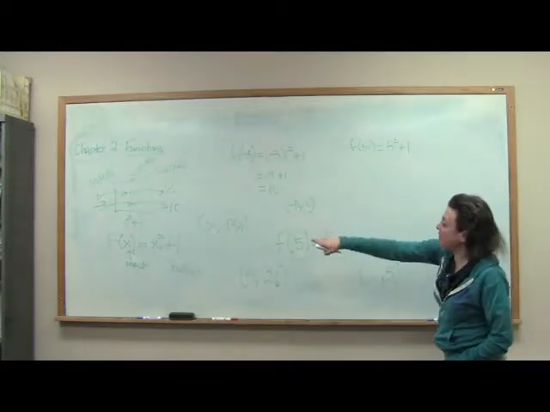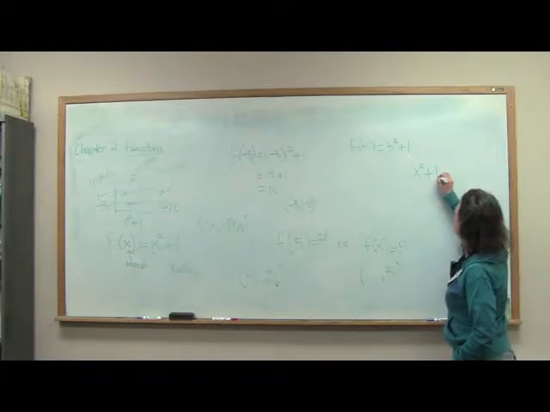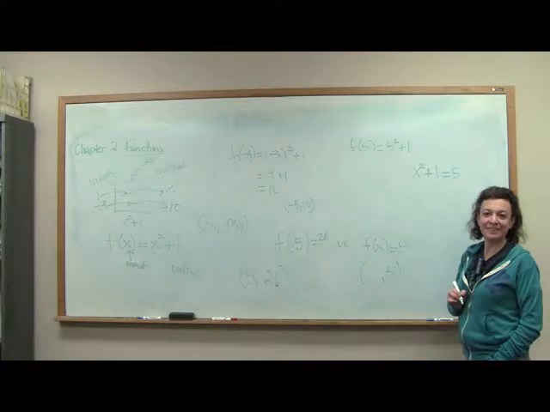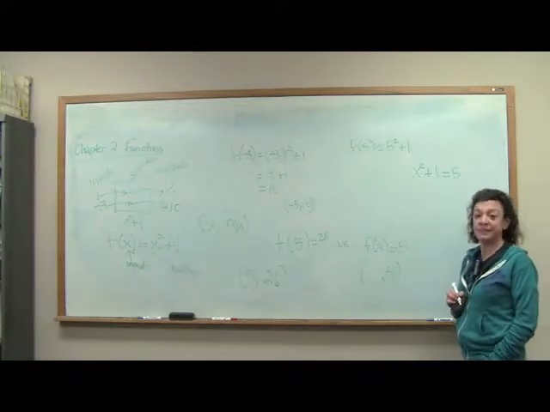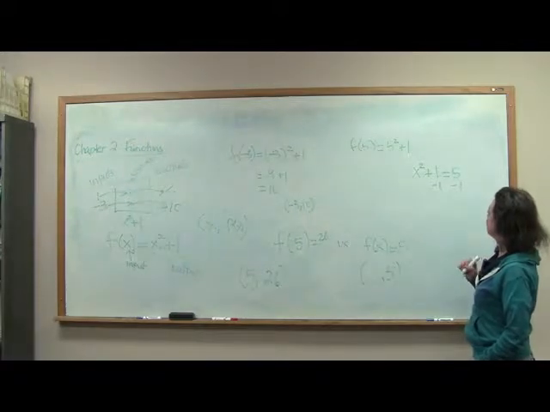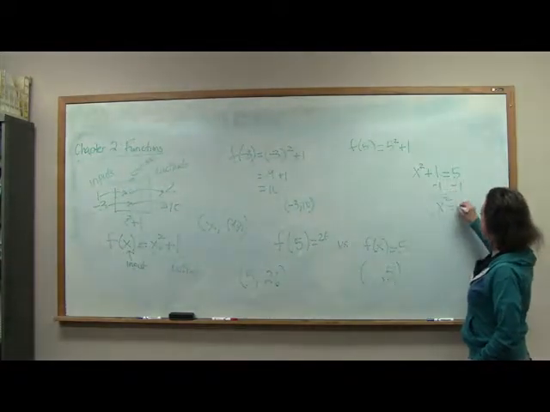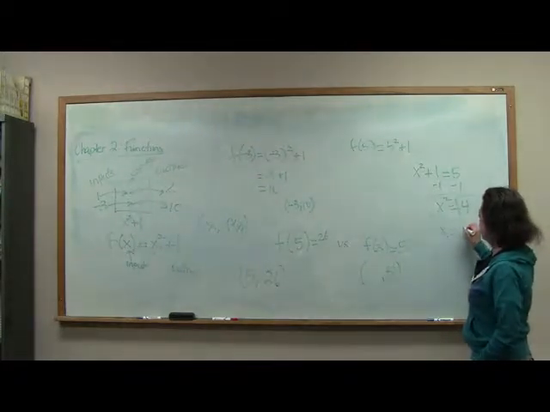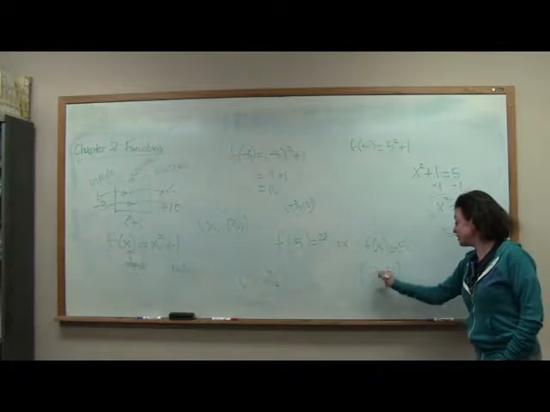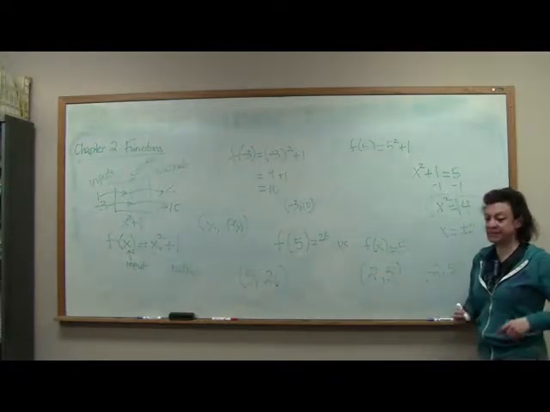Notice I have f of x equals x squared plus 1, but we're given that that's equal to 5. Can we solve this? Yup. First we can move our 1 over, so I get x squared is 4, and then I can take my square root, and I get positive and -2. So there's actually 2 values that will take us to 5.